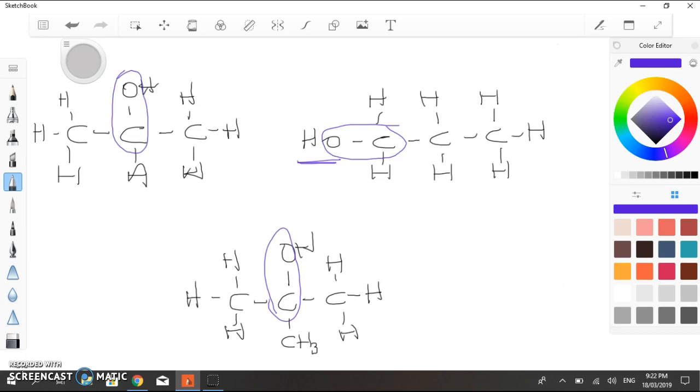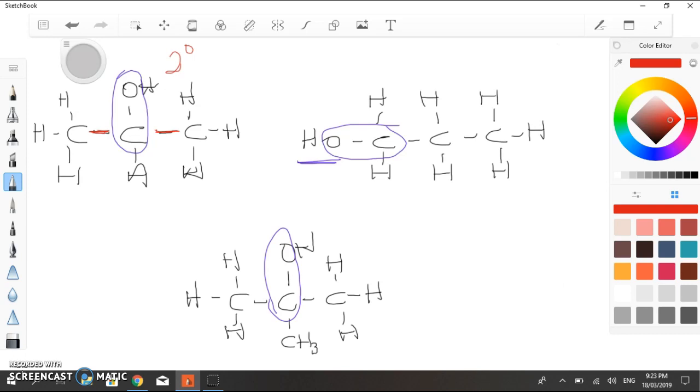So, primary, secondary and tertiary substitution. We've identified the carbon that has our alcohol or hydroxyl group attached to it, and what we're going to do is look and see how many carbons are attached to it. In this case, we have 2 carbons attached to the carbon that has the alcohol group, and so that is a secondary or 2-degree substituted alcohol.